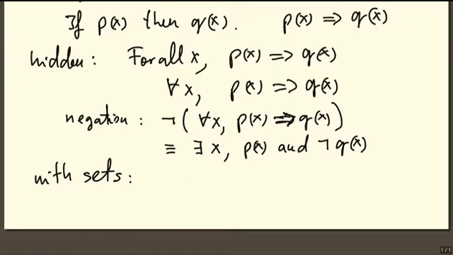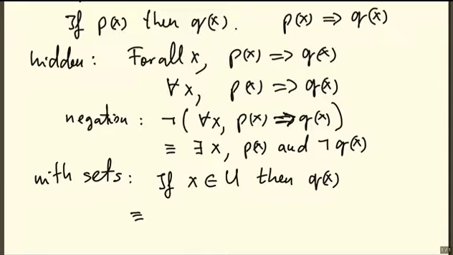Let's say that we want to negate that if x is in set U, then something else is true, let's say q of x. Another way to write this down would be to say, this is equivalent to saying that for all x, x is in U implies q of x.